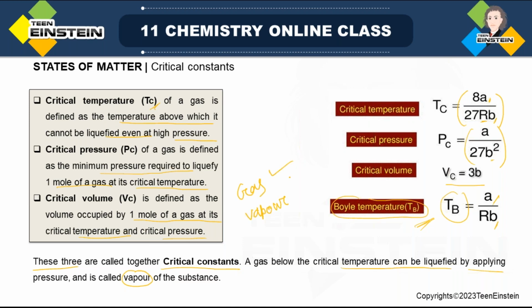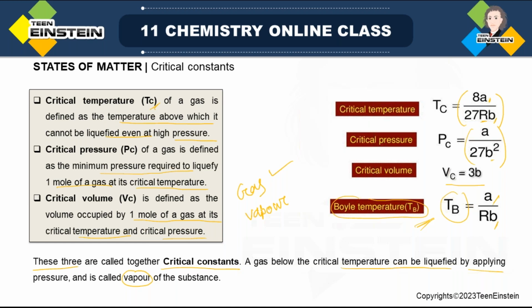The term gas you can use only for those substances which are gases under normal condition, for example hydrogen, oxygen, carbon dioxide. Under normal condition they appear as gaseous, not liquid. Only when you create some special condition, increasing pressure or changing the temperature in such a way, are they converted to solid or liquid.